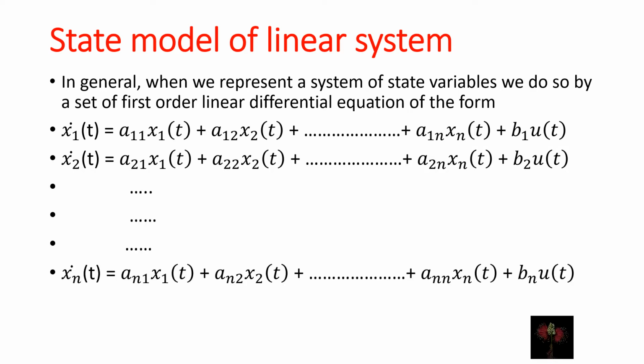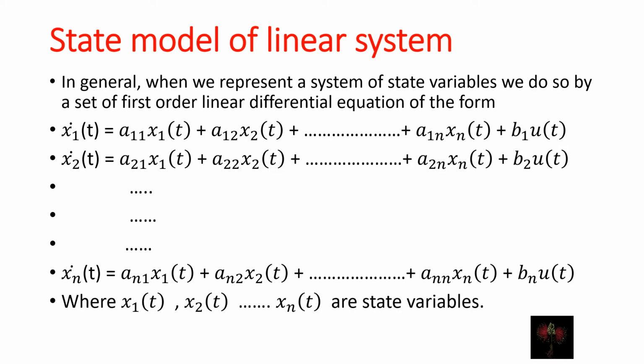Then xn dot of t equals an1 x1 of t plus an2 x2 of t, and it goes on plus ann xn of t plus bn u of t, where x1 of t, x2 of t up to xn of t are state variables.